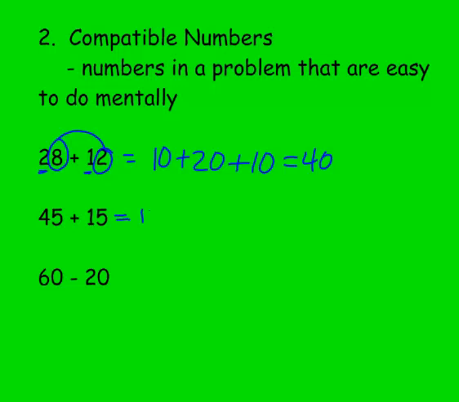So in my head, I'm thinking 10 plus 40 plus the other 10 to get 60. And in subtraction, a lot of times, you may only have one place value you have to subtract. For example, 6 in the 10 spot minus the 2 in the 10 spot equals 4, and it's 4 tens, so that would be 40. Many compatible numbers add up to easy numbers that we enjoy, like tens, hundreds, thousands.